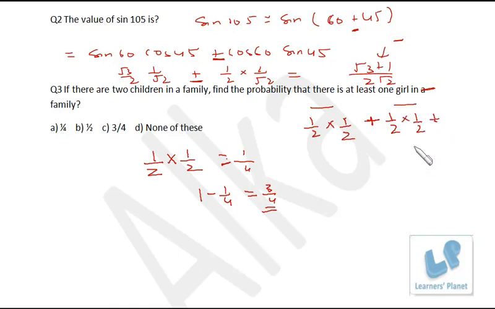Or third, both of them are girls. If you add, you get 3 by 4. So you can go this way or that way, no difference. This is the shorter approach. Here we have taken 3 cases: first girl and second boy, first boy and second girl, and both girls. Over here we calculated when both children are boys, and from the total probability we deduct this case, so we get 3 by 4, right?